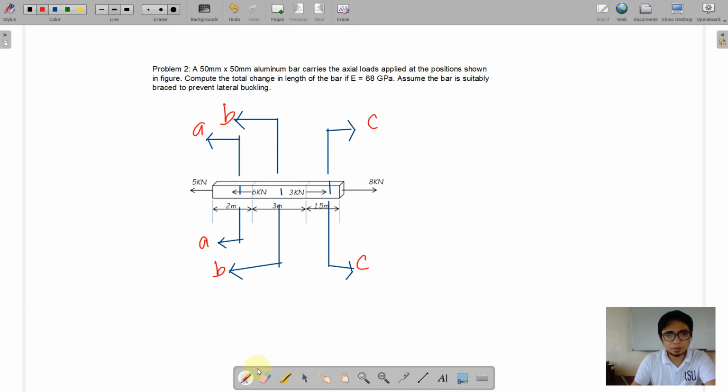So considering section AA, let us illustrate what are the forces involved on section AA. Only the left portion, of course.